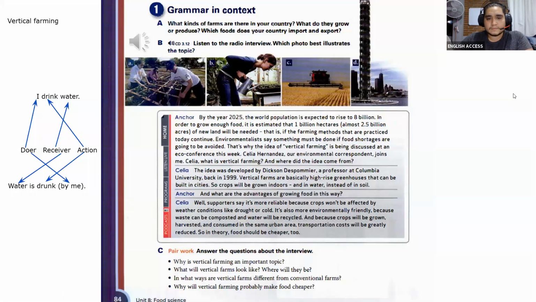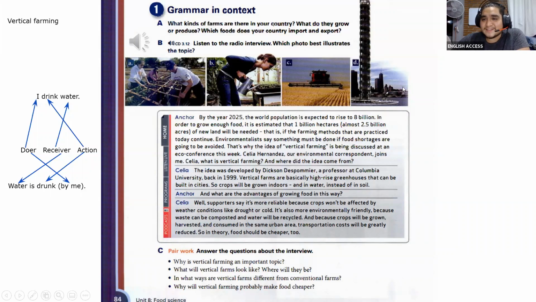Celia Hernandez, our environmental correspondent, joins me. Celia, what is vertical farming, and where did the idea come from? The idea was developed by Dixon Despommier, a professor at Columbia University, back in 1999. Vertical farms are basically high-rise greenhouses that can be built in cities. So crops will be grown indoors and in water instead of in soil.